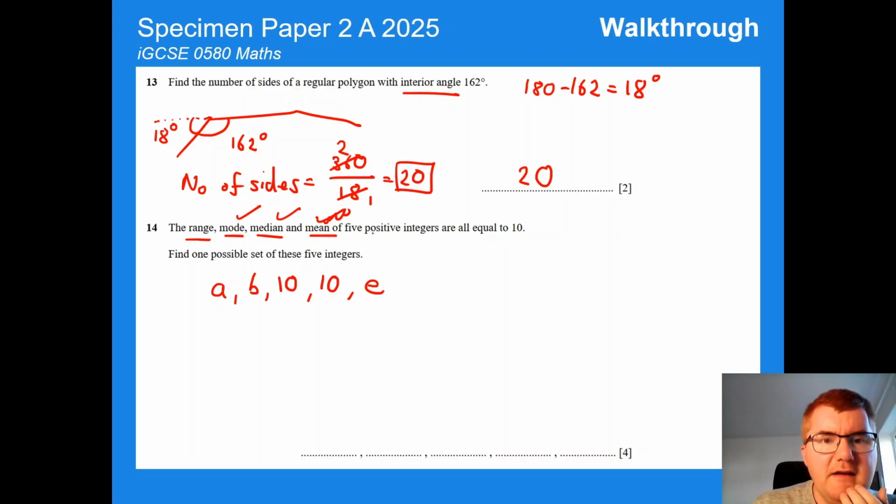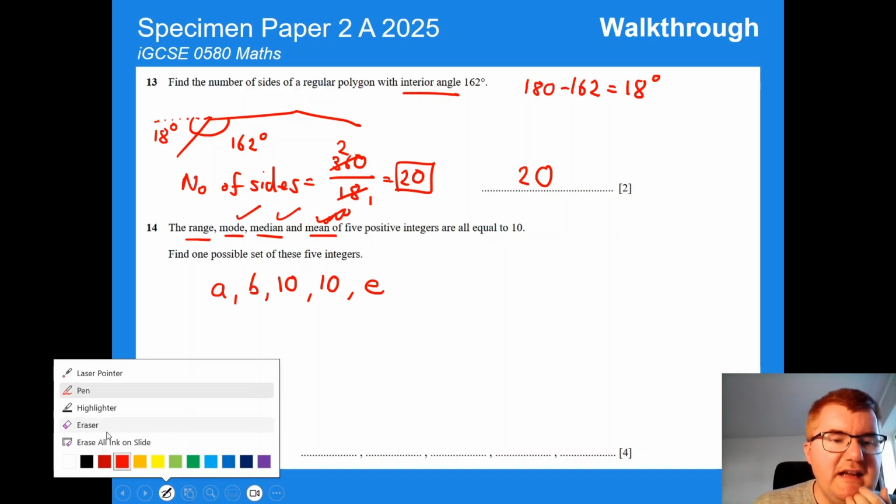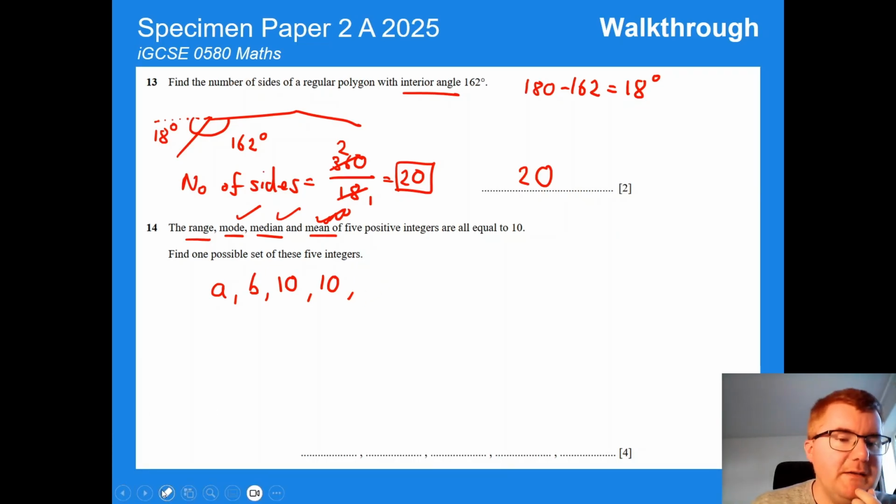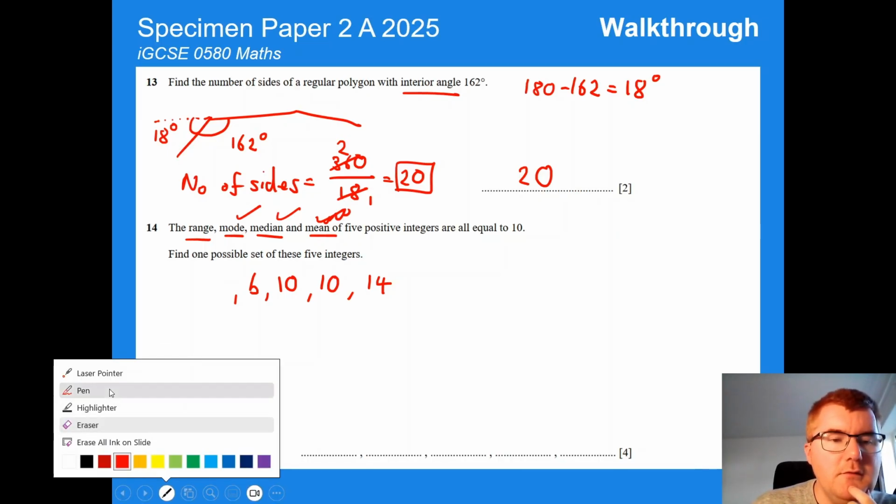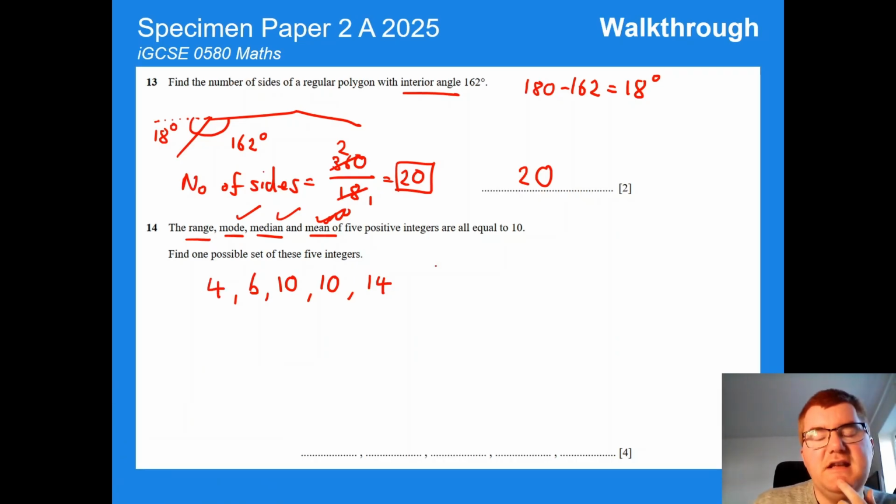If I take E as, say, 14, I'm just making this up, to get the proper range I have to make this 4, so that the range of the numbers is equal to 10. And now we want the mean also equal to 10.